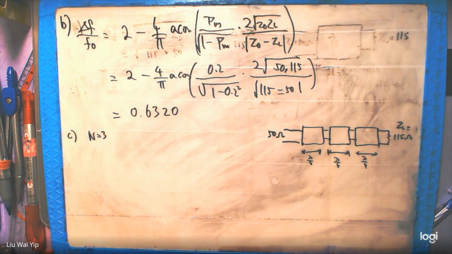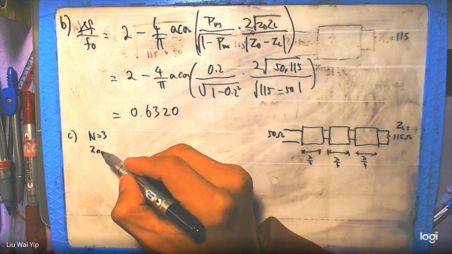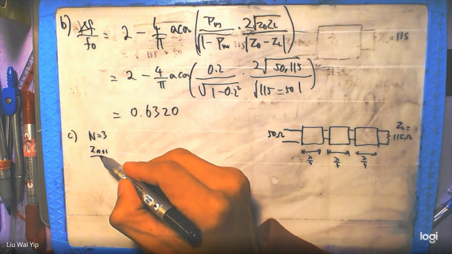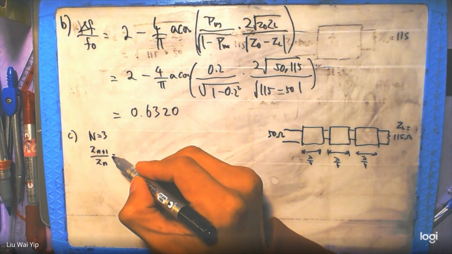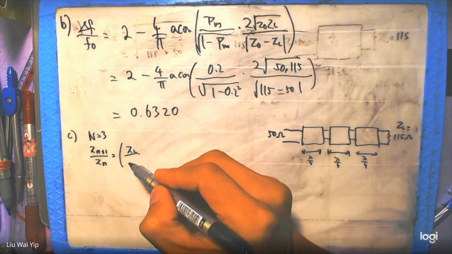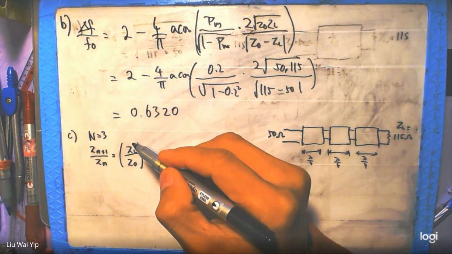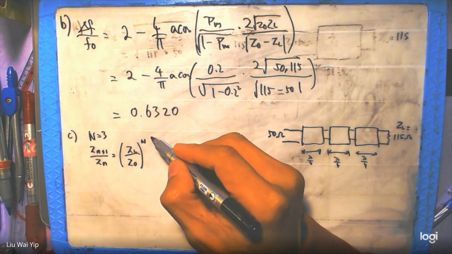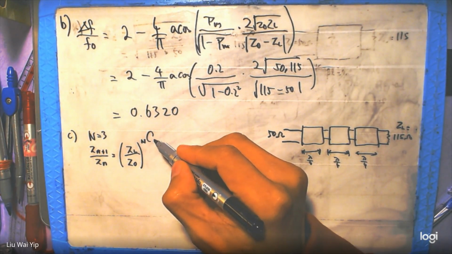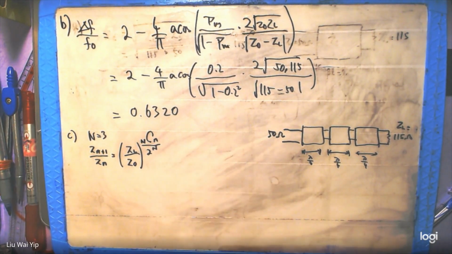So you might wonder, what is the formula? The formula is so simple. N minus 1, small letter n, is equal to the low impedance and the source impedance, and then N C n divided by 2 to the power N. So this is the formula you need.